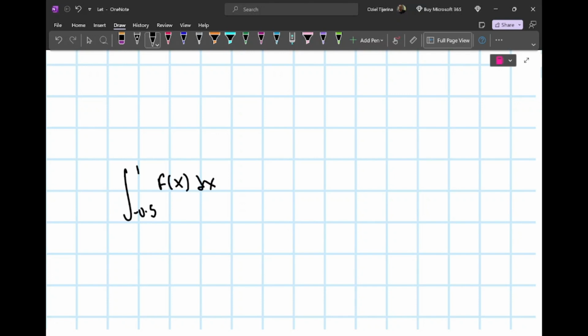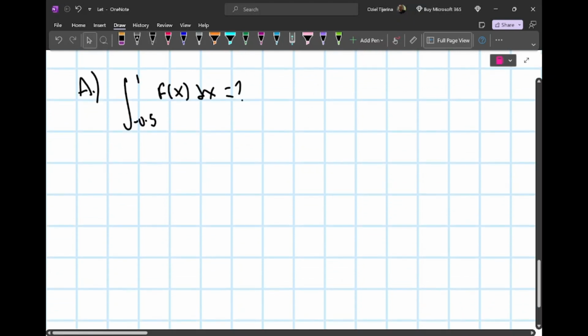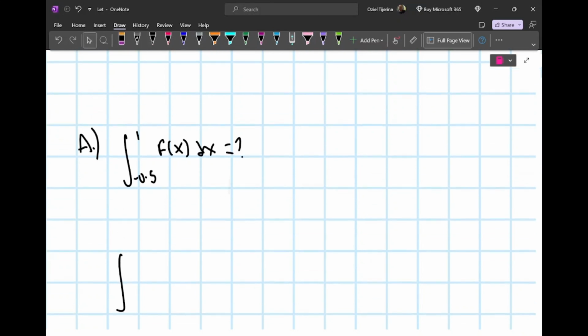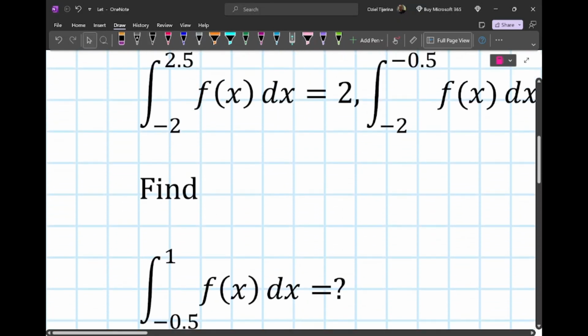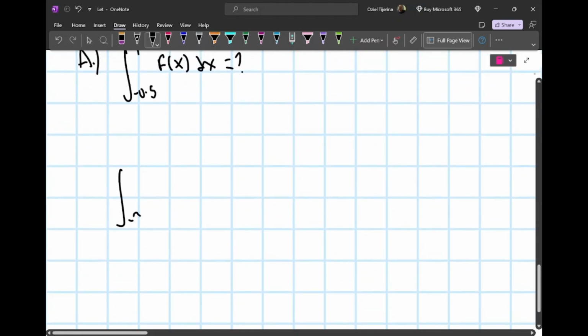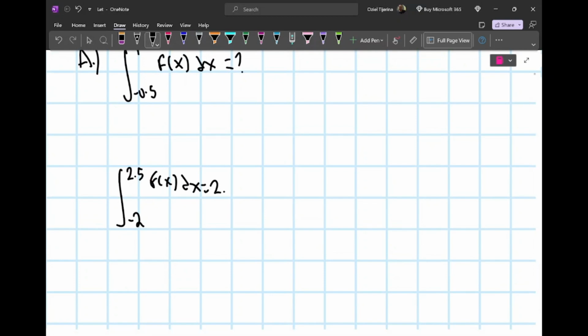So I'll put this as part A, and we know the following is true. I'm going to write down some information here. The integral from -2 to 2.5 of f of x dx is equal to 2.